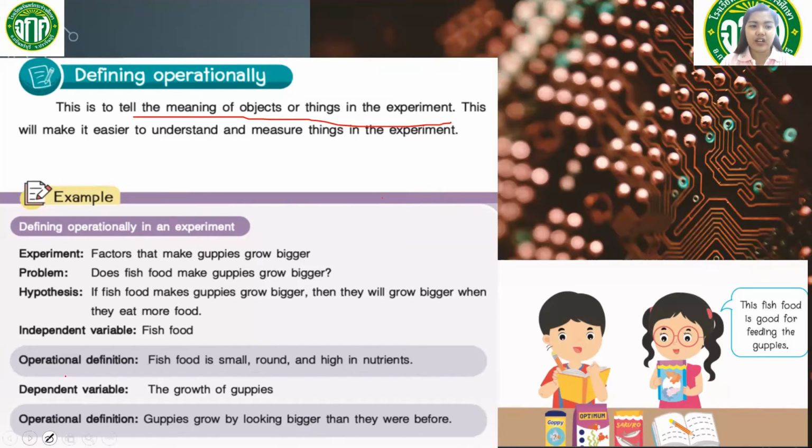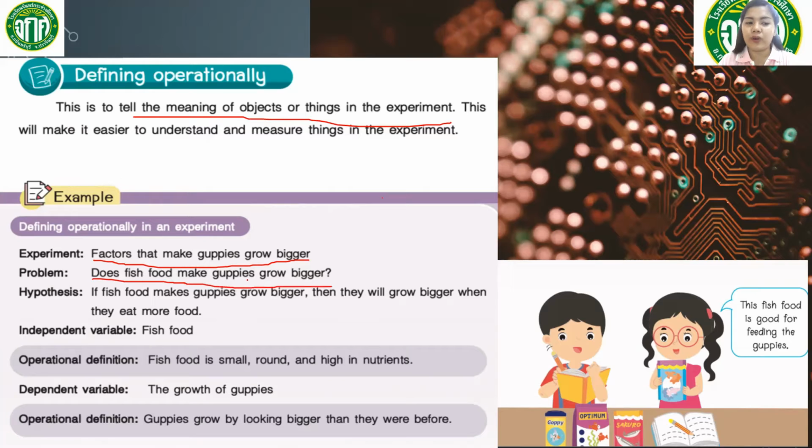Okay, so we have here an example of how we are going to define operationally in an experiment. The experiment is on factors that make guppies grow bigger. And the problem or the question is, does fish food make guppies grow bigger?